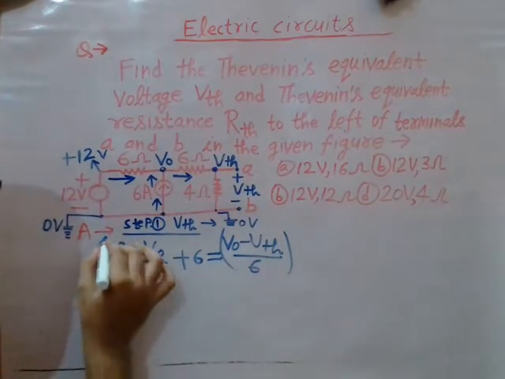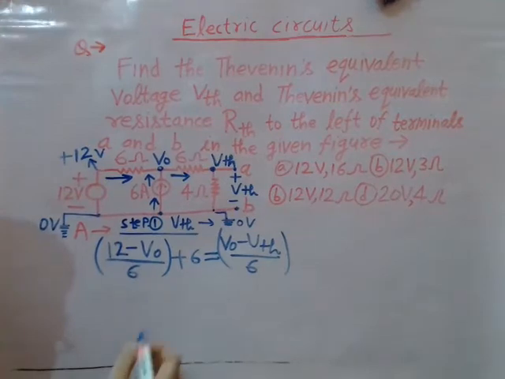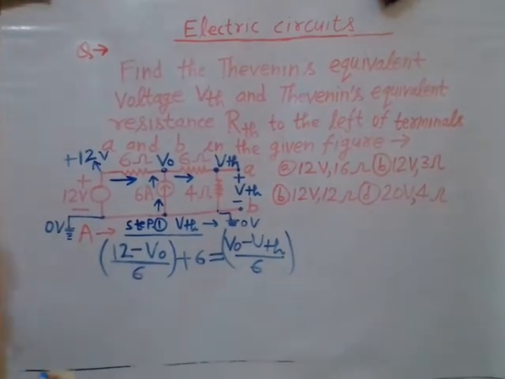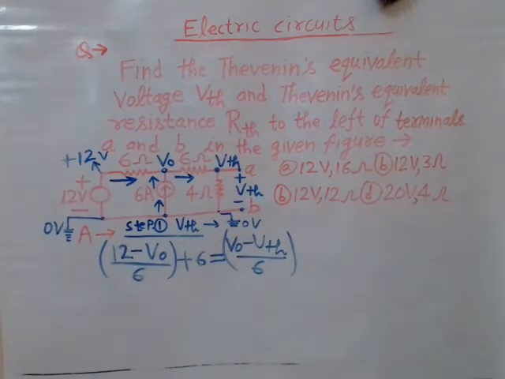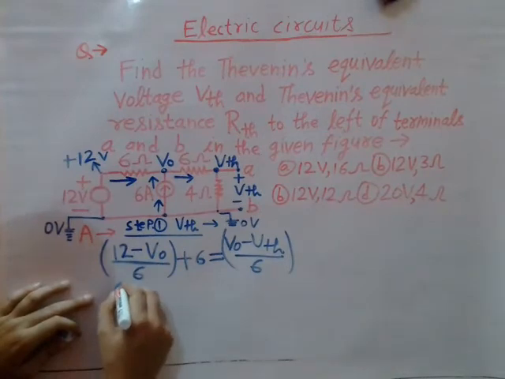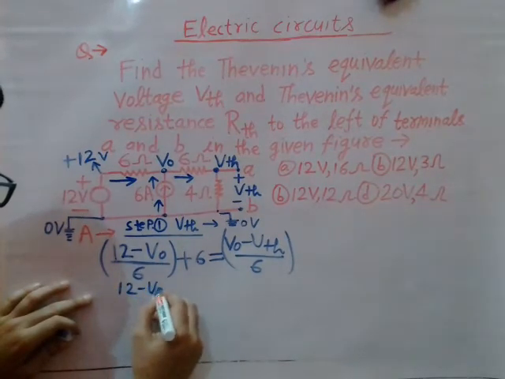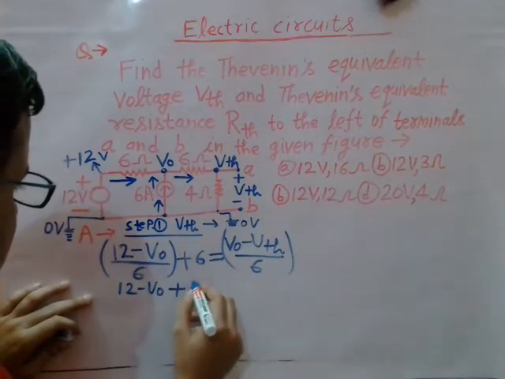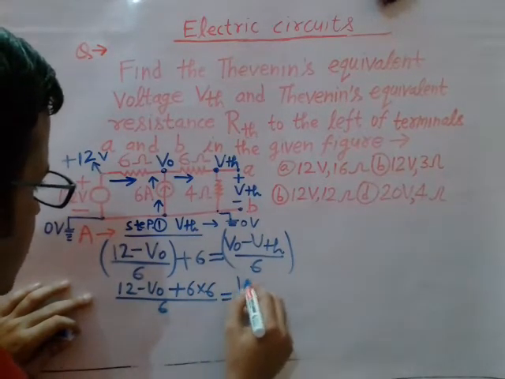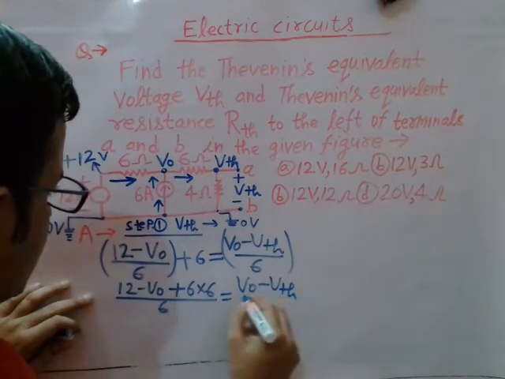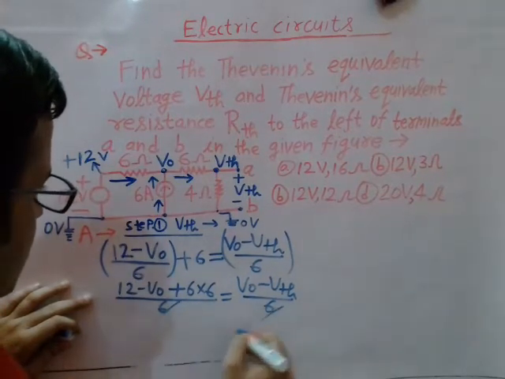So now you can solve this equation. When you solve this equation, you will get 2 V naught equal to 48 plus VTH. So 12 minus V naught plus 6 into 6 divided by 6, and here you will get V naught minus VTH divided by 6, right?